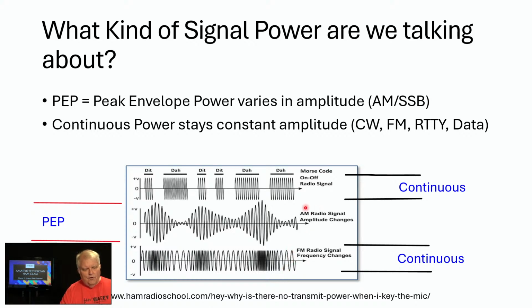But for amplitude modulated signals like AM or single sideband, we talk about peak envelope power. This is an envelope signal over time here, and we look at the peak levels up here. So just know about what kind of modulation you're talking about, and if you hear the term PEP, that's talking about amplitude modulated signals.